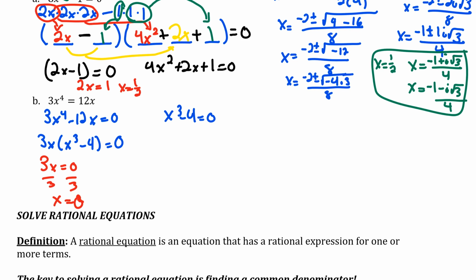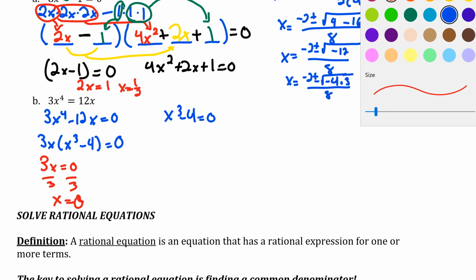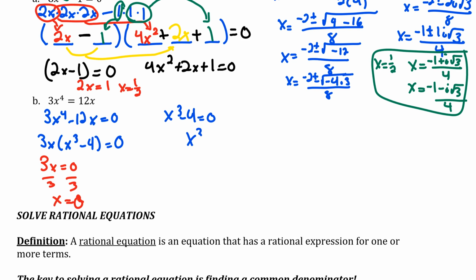Now over here, it's a little bit different because 4 doesn't come out equally where I'm trying to factor. So in this case, what we're actually going to do is set x to the 3rd equal to 4, and I'm going to take the cube root of both sides.